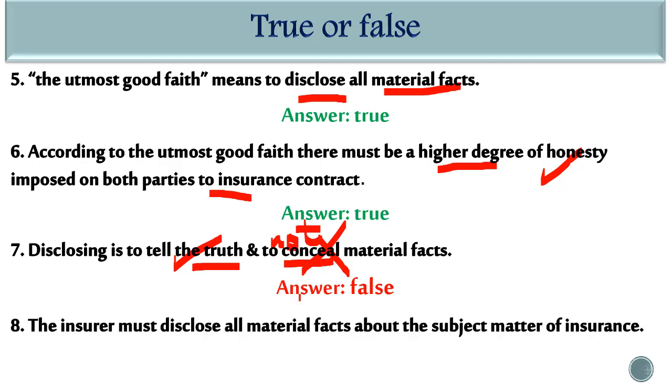Number 8. The insurer must disclose all material facts about the subject matter of insurance. The utmost good faith applies to both insurer and insured. Insurer is the company for insurance. It's more exhausted on the insured, who has all material facts about the subject matter of insurance.